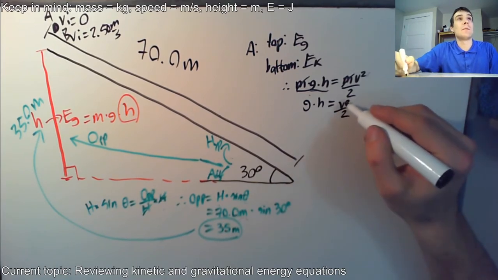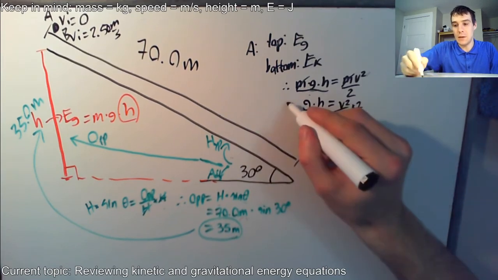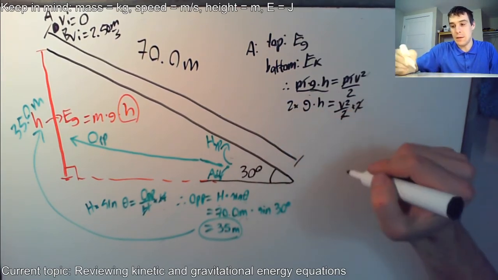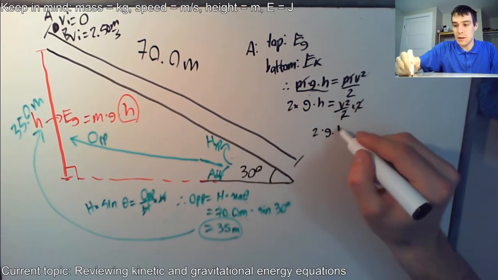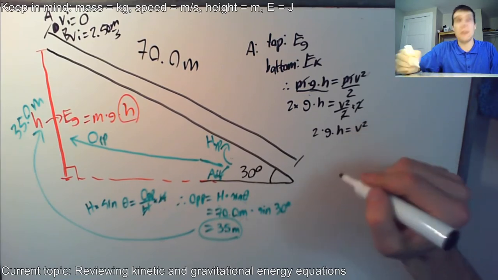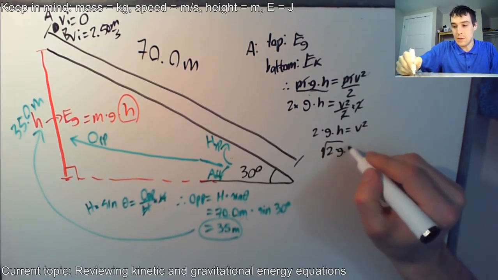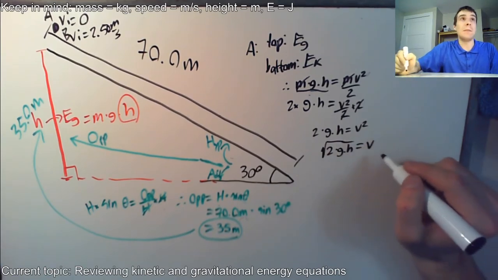We're actually looking for V, so let's get rid of this 2. We multiply by 2 on both sides. 2 times GH equals V squared, and then all that's left is to square root that. So the square root of 2 times G times H equals V, the speed of our skier.